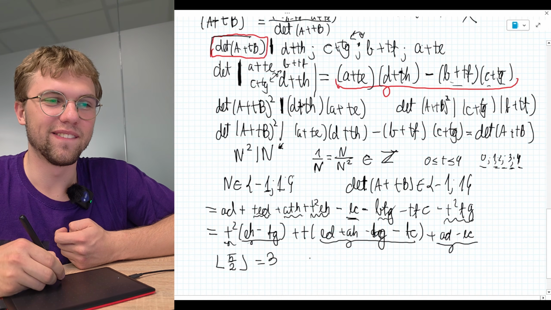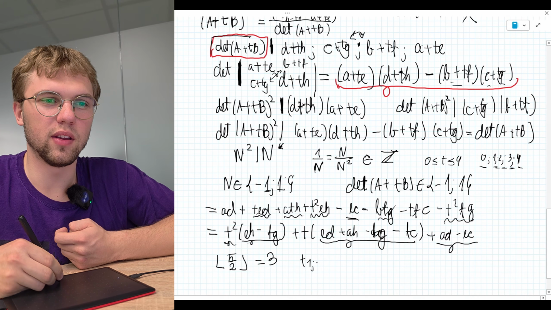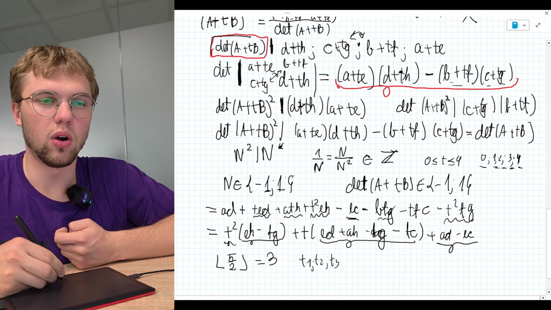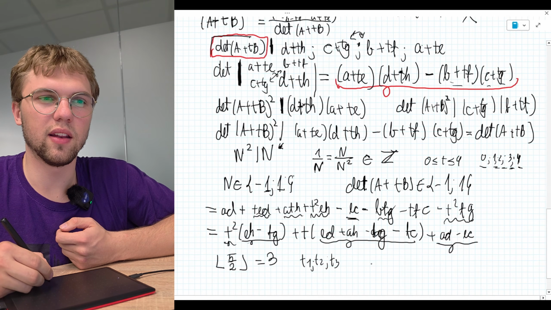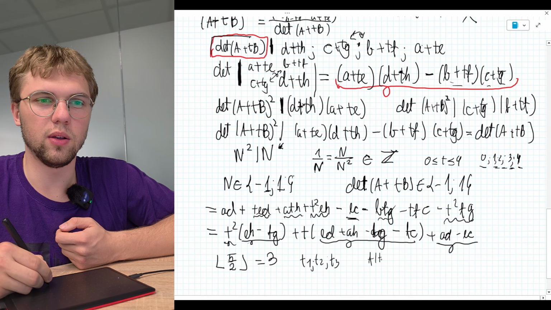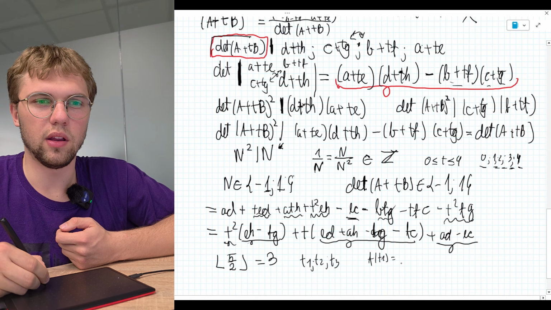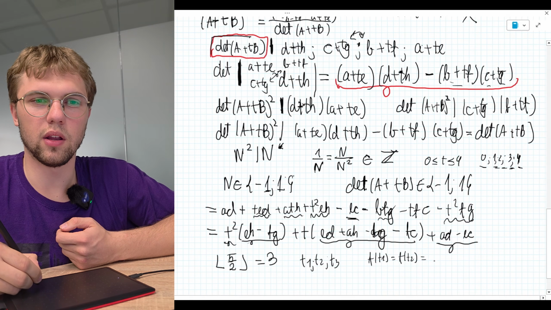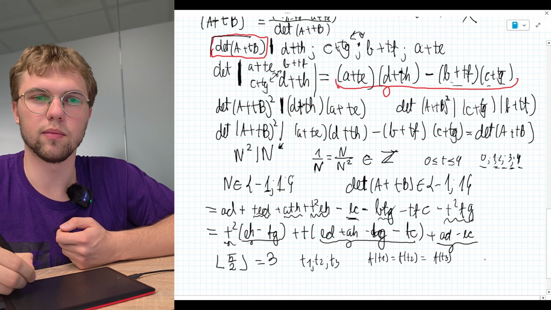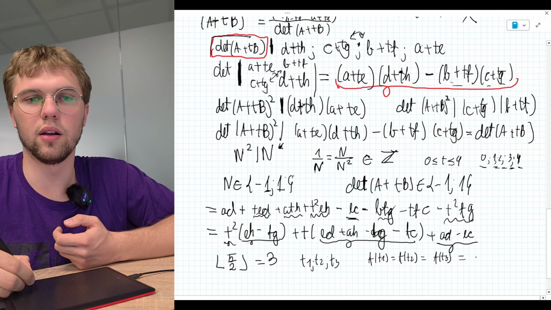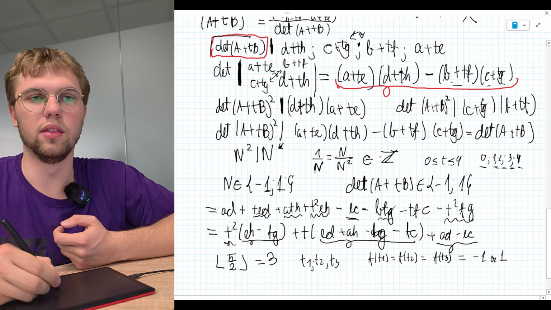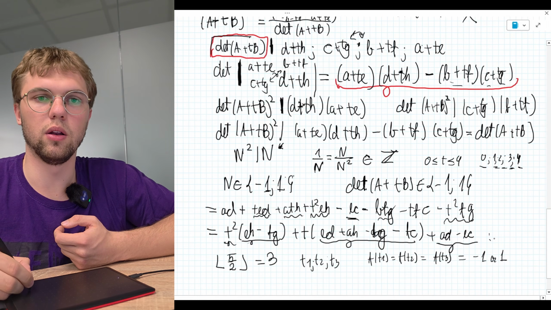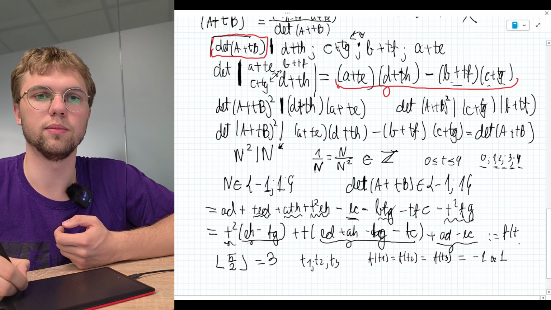So there exist some t1, t2, t3, all of them distinct, such that f of t1 equals f of t2 equals f of t3, and this is either -1 or 1. And f means this function; we can denote this function as f of t.